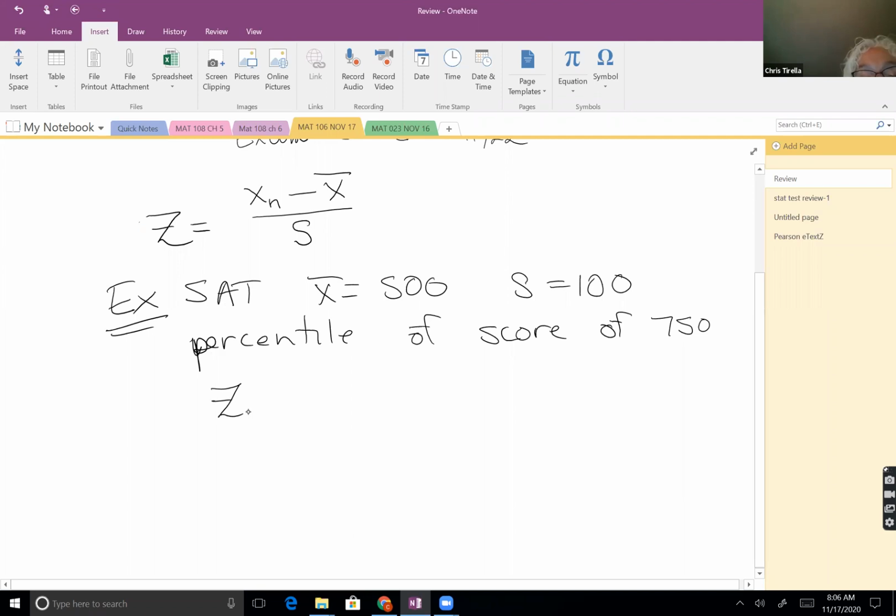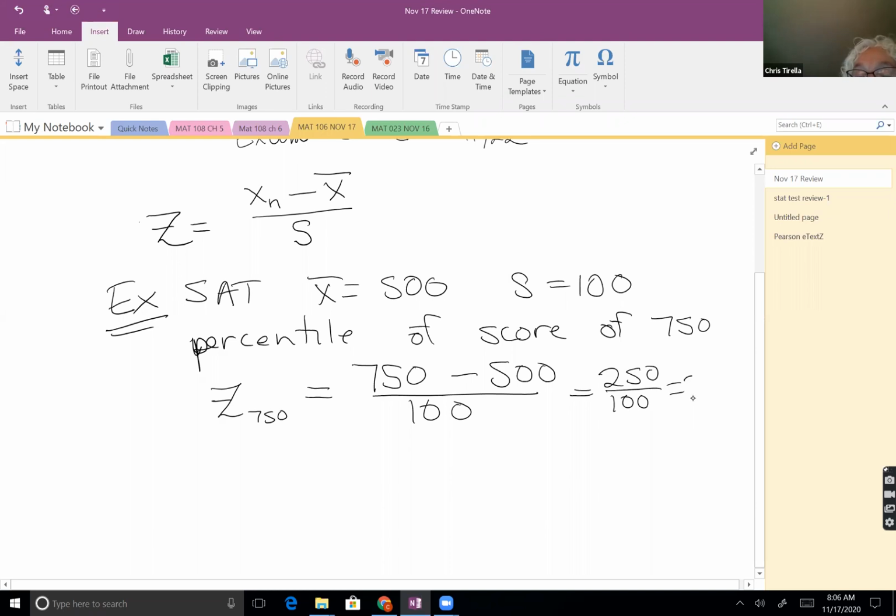Well, the Z-score for 750 would be the data value, 750, minus the mean, 500, divided by the standard deviation. So that would give me 250 divided by 100, or 2.5. Michael, are you with me so far, is that okay?